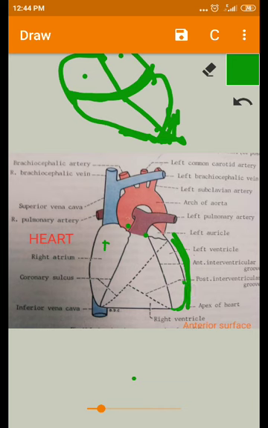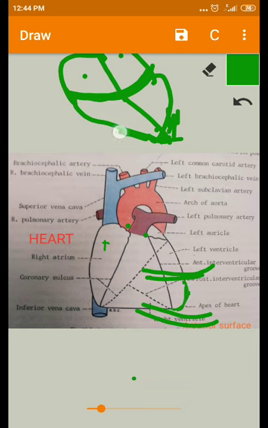The apex is situated in the left fifth intercostal space, 3.5 inches lateral to the mid-sternal line.